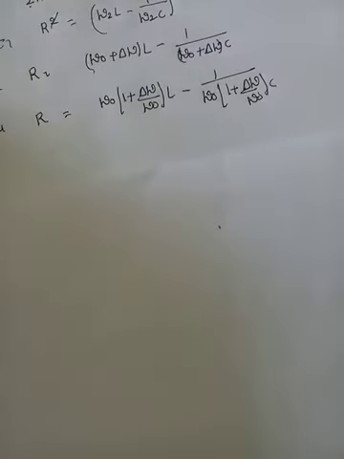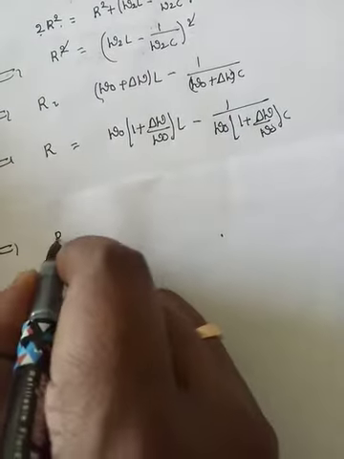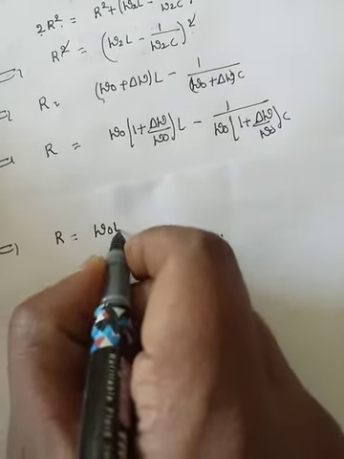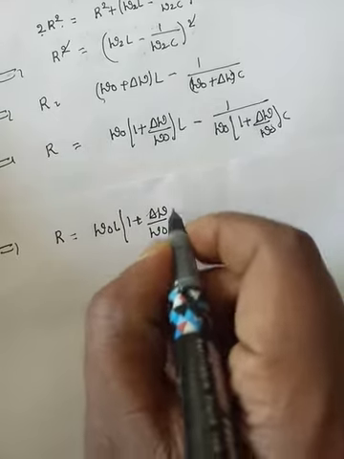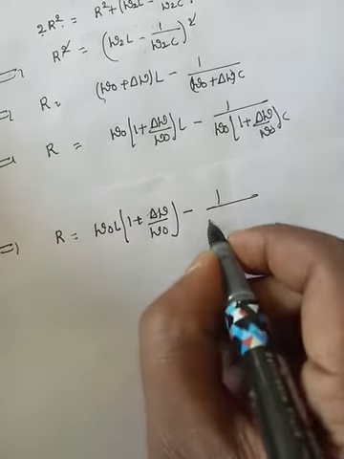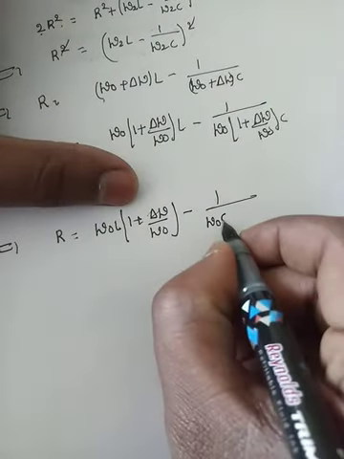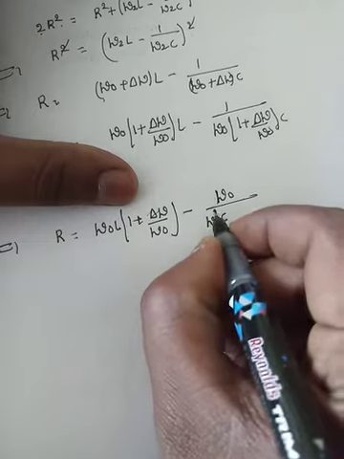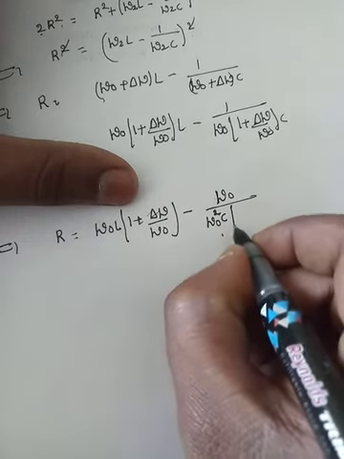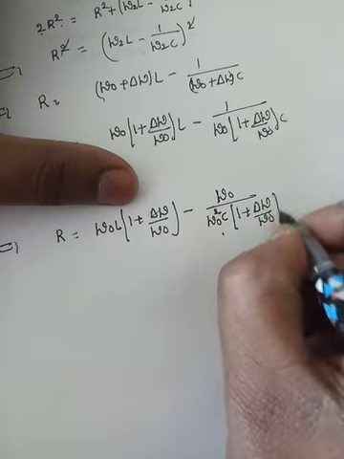See here, the next step can be written as R is equal to omega naught L into 1 plus delta omega by omega naught minus 1 by omega naught into C. I am multiplying and dividing with omega naught. Here omega naught square gets cancelled. What do you get? 1 plus delta omega by omega naught.